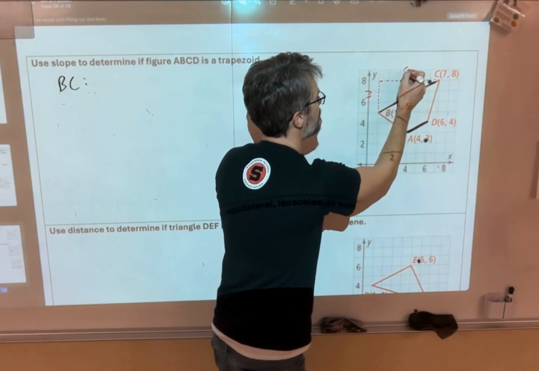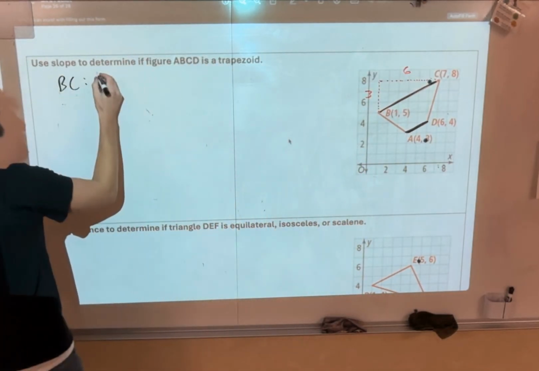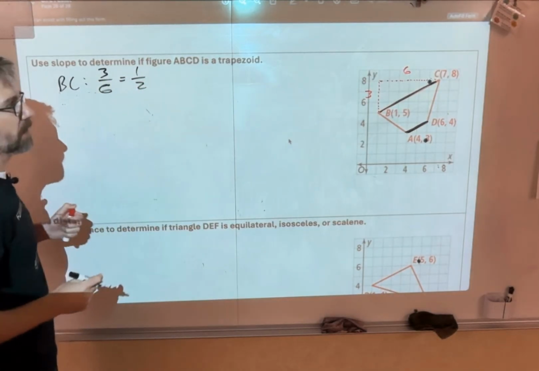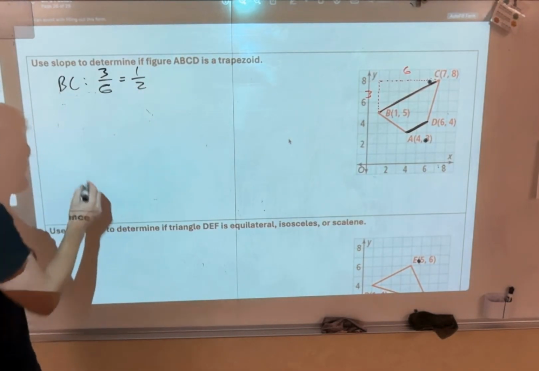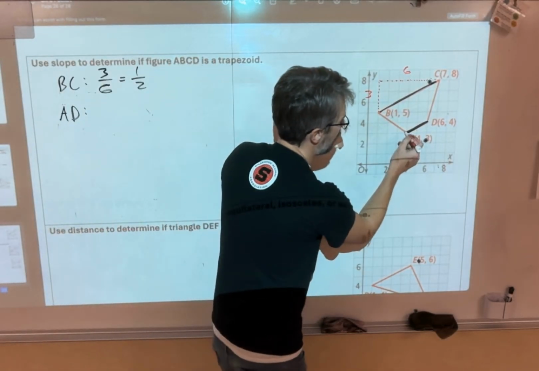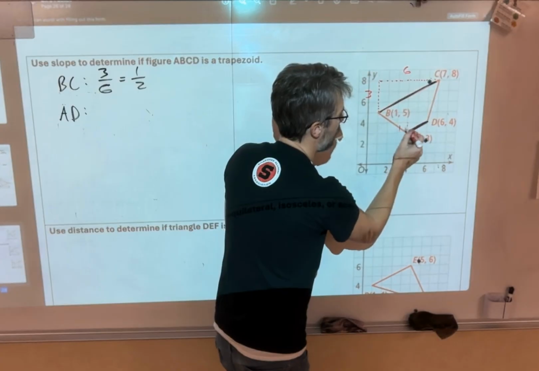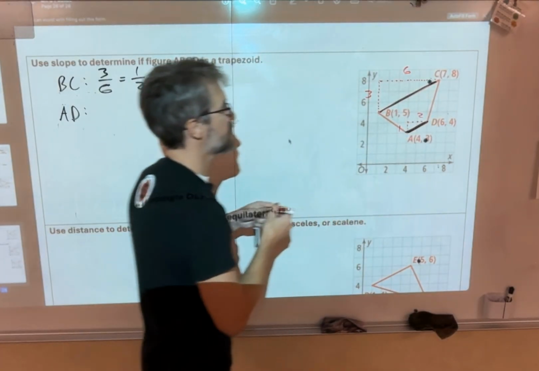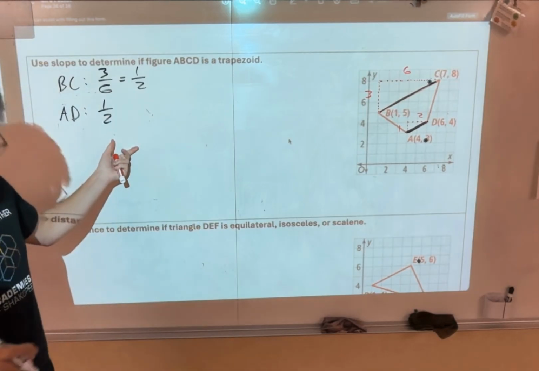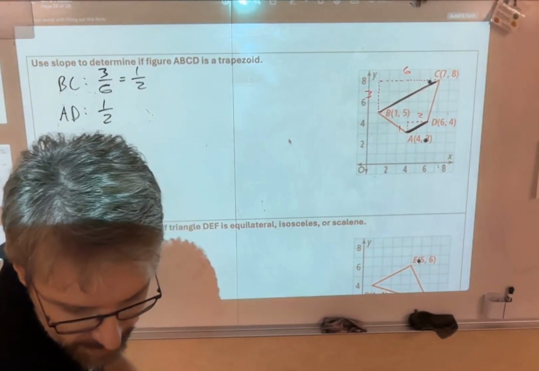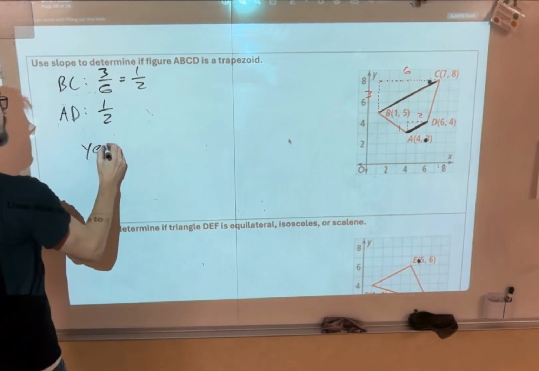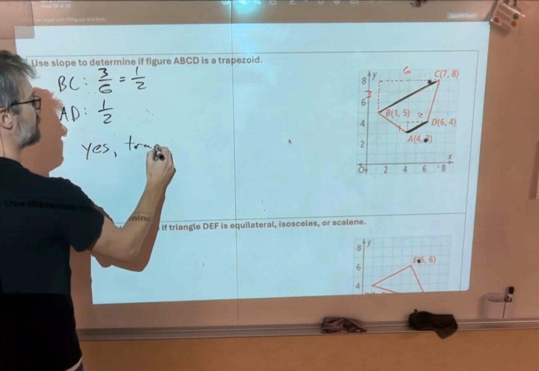So 3 over 6, and that reduces to 1/2. Now let's look at AD. To go from A to D, I'm going up 1 and over 2, so that is 1 over 2. Because those slopes are the same, that means that it is indeed a trapezoid. So yes, it is a trapezoid.